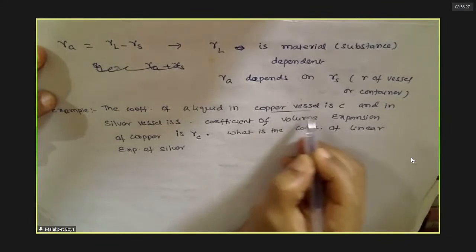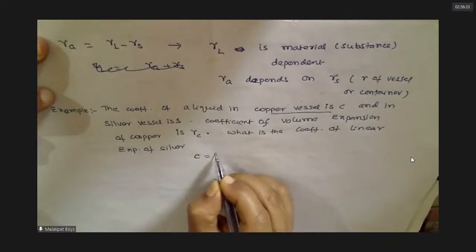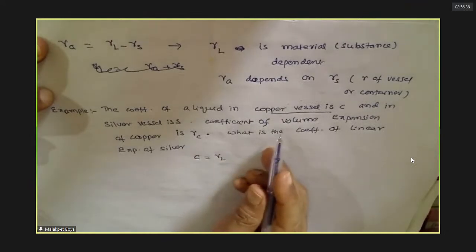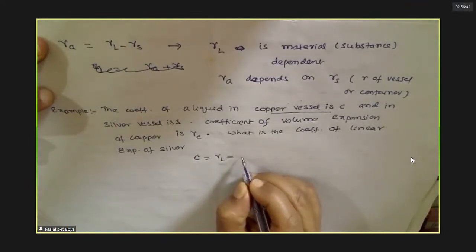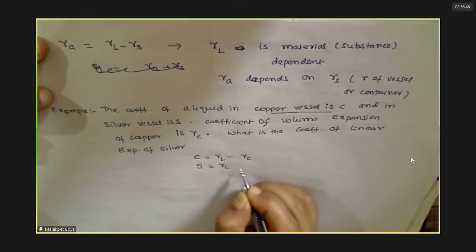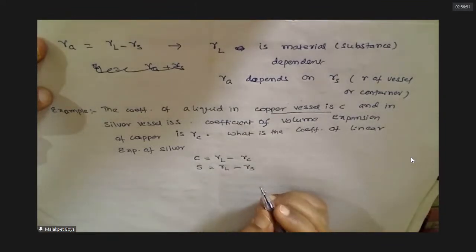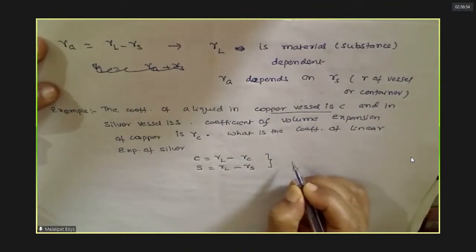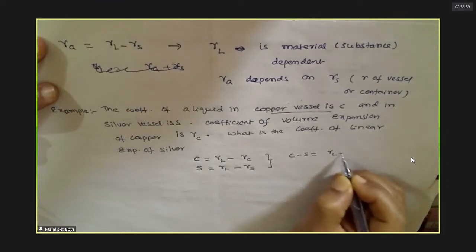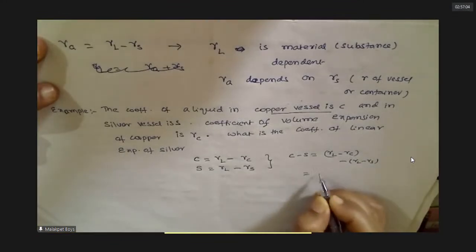This is what? Gamma, no? In silver, this is liquid expansion. In a copper vessel, then you are taking a silver vessel. Liquid expansion won't change. This minus is gamma of silver. Agreed? Now from these two, if you subtract one from the other, what you will get?